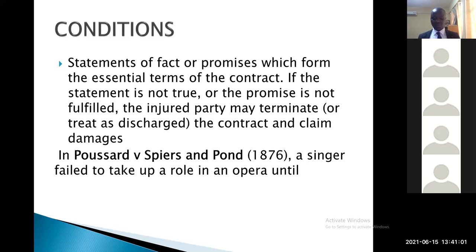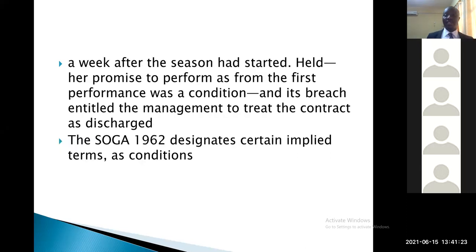The court was of the view that yes, it was something of major importance, and for that matter, her inability to take part was a ground which could justify the producers going for another person. So that was what the court said, that it was a condition, and if it is broken, it repudiates or it brings about termination of the contract.